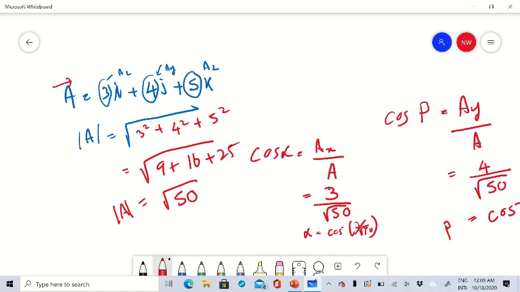When you have a vector in x, y and z space, if you want to define that vector, you should give the magnitude and the coordinate direction angles. Then only you can define the vector, right?